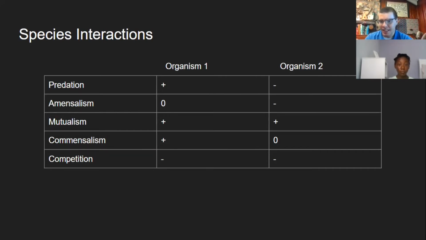The anemone doesn't really get much out of it. Another example is cattle egrets. If you've ever gone past a barn and there are cows around and those little white fluffy birds sitting on top of the cows, those are called cattle egrets, and they hunt for bugs that live near the cows. The cows benefit because there aren't flies buzzing around their heads all the time, and the birds get food out of the deal. That would be an example of mutualism.